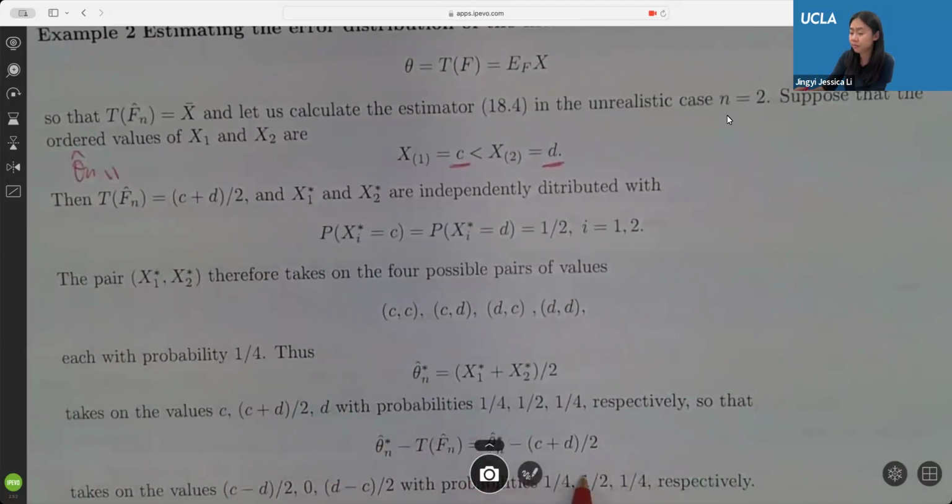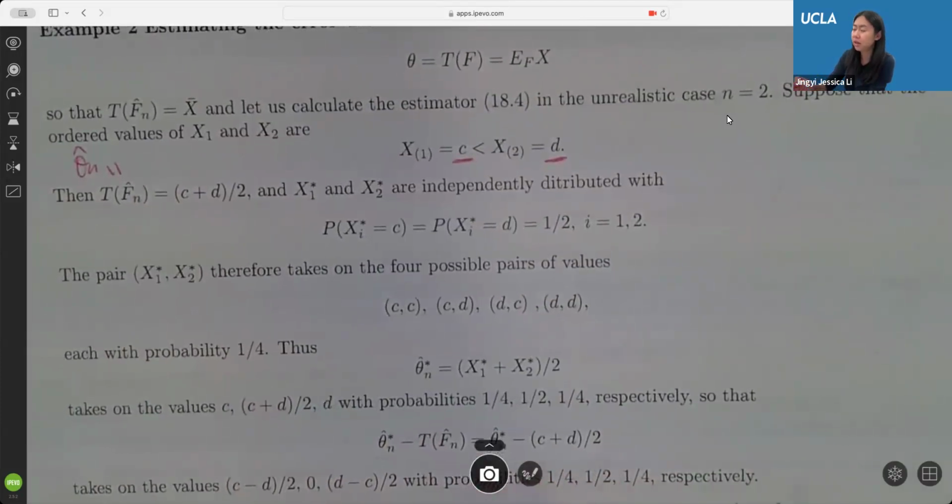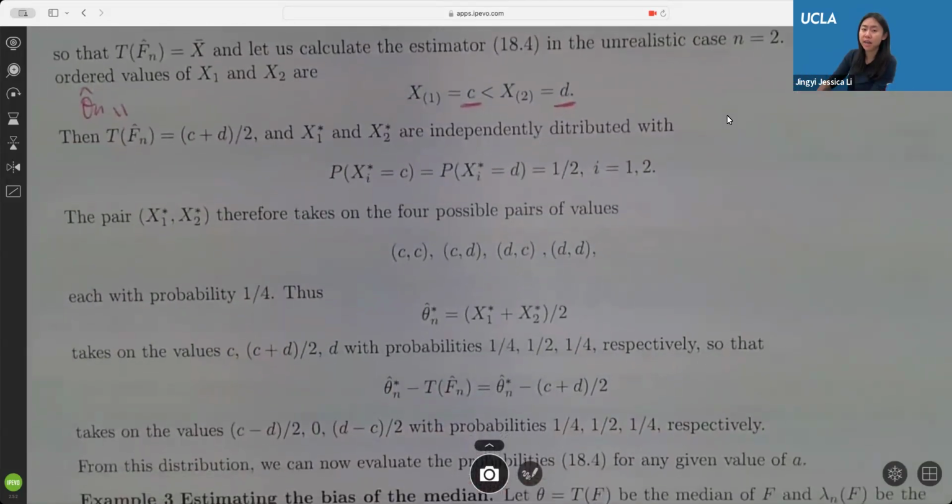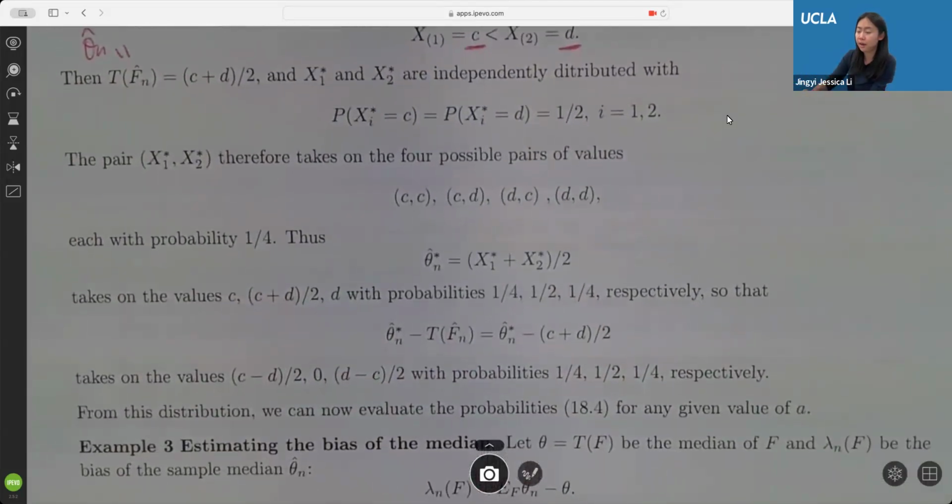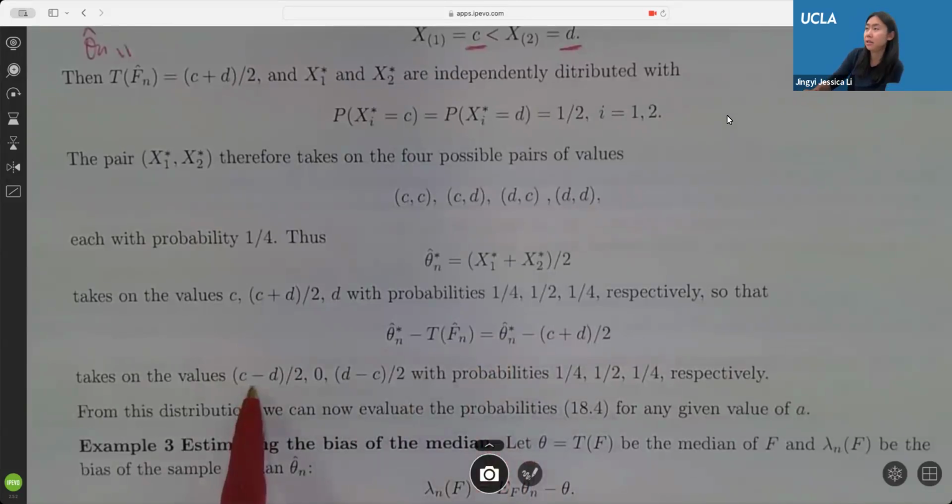For this difference, there are three possible values, depending on theta n hat star. If it takes value C, the difference is (C minus D) over 2. If it takes (C plus D) over 2, the difference is 0. If it takes value D, the difference is (D minus C) over 2. The probabilities are still 1/4, 1/2, 1/4. From this distribution, that's it, you get this error distribution.